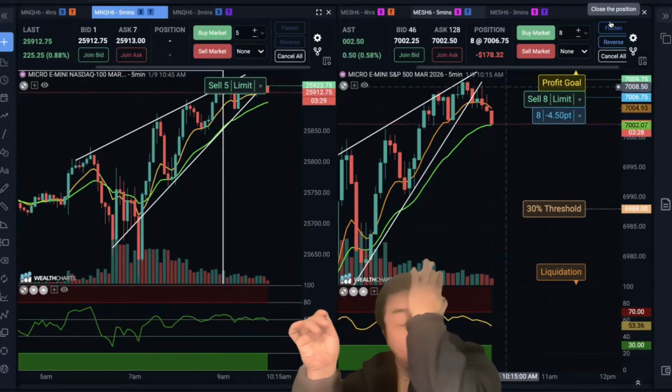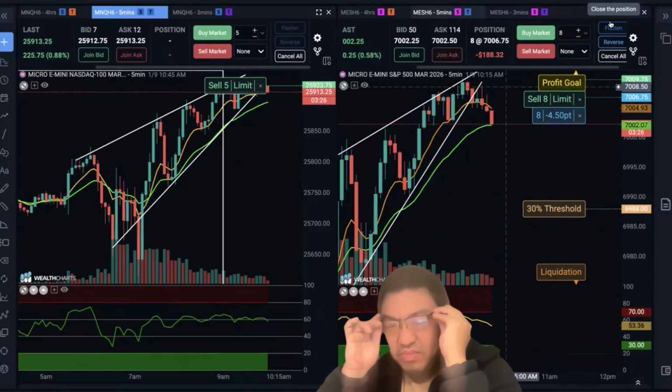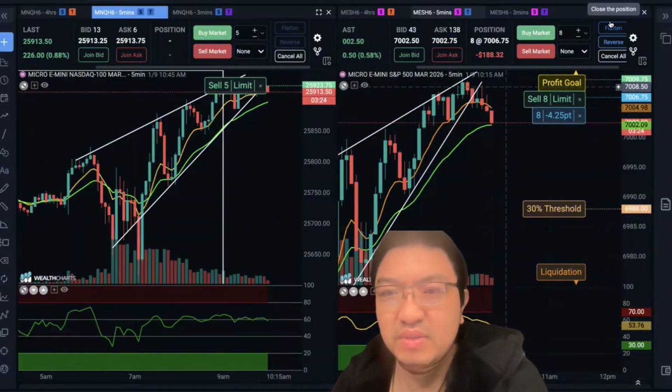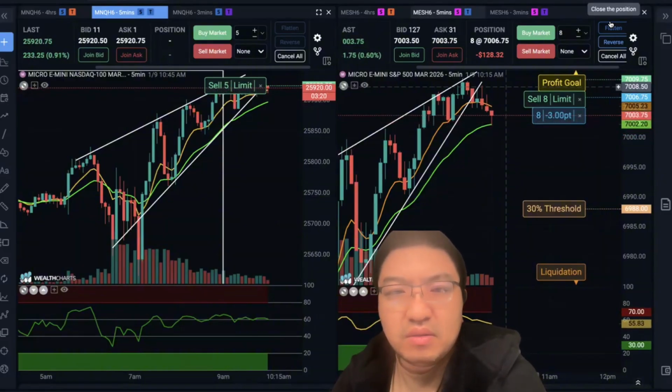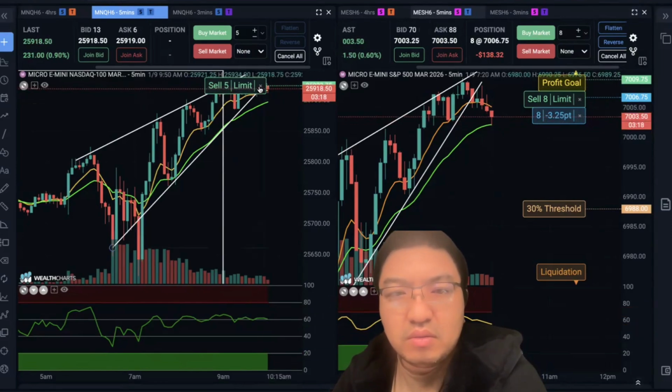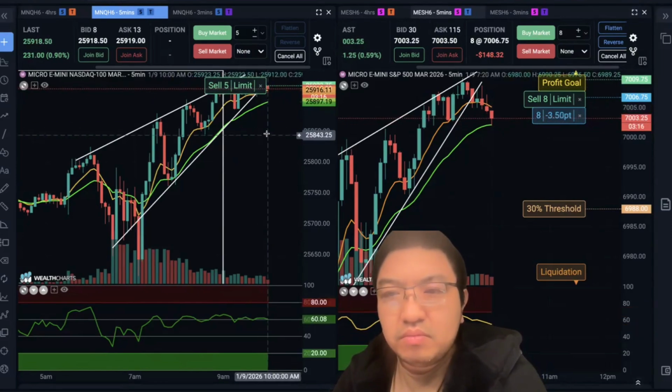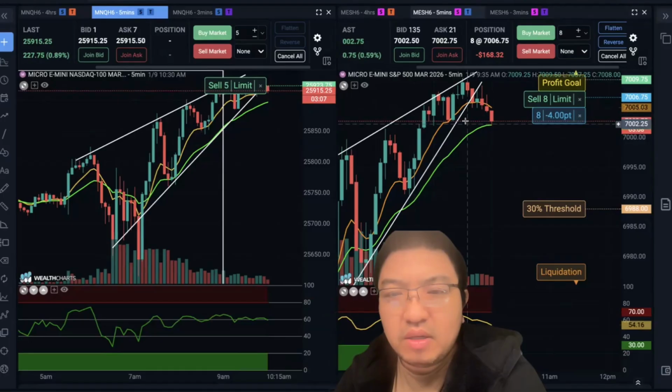Oh, there are 4 more minutes. This is like a momentum candle. Okay, the defense, the support is effective, it seems, at EMA something.